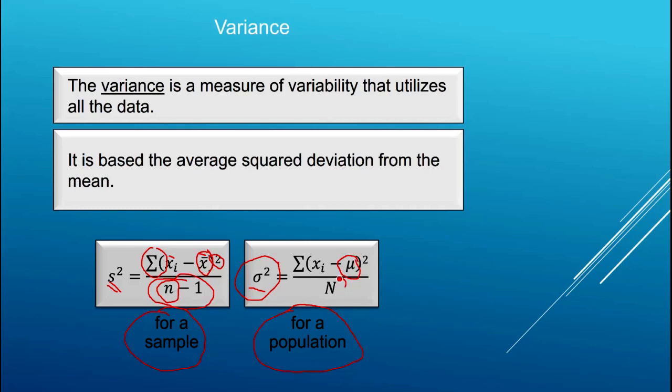We also divide in the denominator here by n, which is the size of the population, rather than n minus 1, as we did in the case of the sample. So these formulas are very similar, the one on the left being a point estimate of the population parameter on the right.